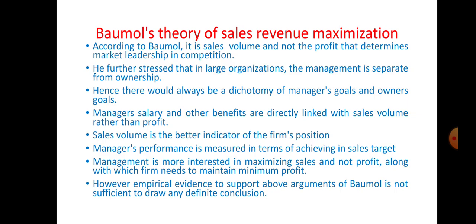So here again, compared to the previous theory which focuses mainly on profit maximization, Baumol says that along with the profit, sales maximization is also important. However, empirical evidence to support the above arguments of Baumol is not sufficient to draw any definite conclusion.